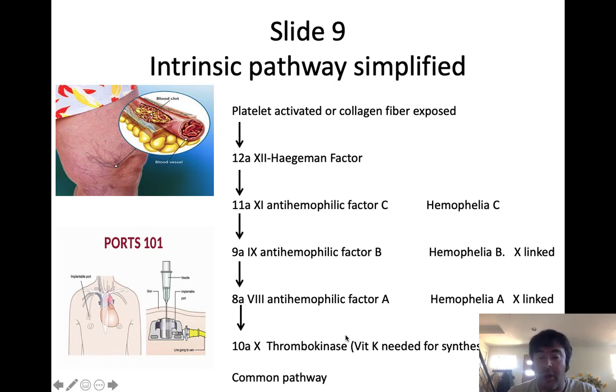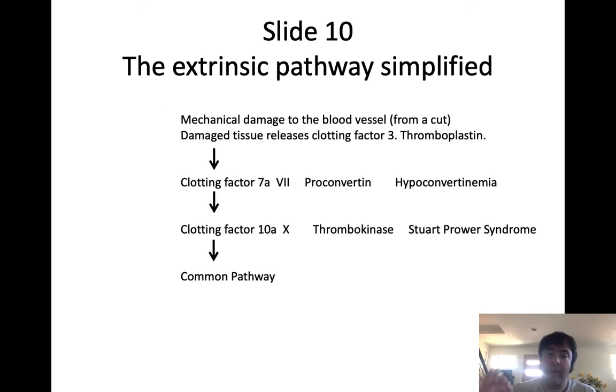And then after clotting factor 10 is activated, you have the common pathway, that downstream end of the pathway, in which the extrinsic and intrinsic pathways merge with one another. Now in the extrinsic pathway, remember, the extrinsic pathway is triggered by damage externally to a tissue. When tissues are damaged within the actual cells of the tissue themselves, they have something called tissue factor, right?